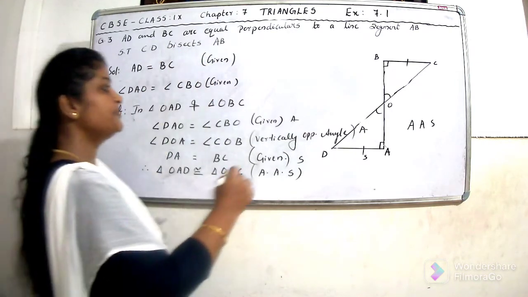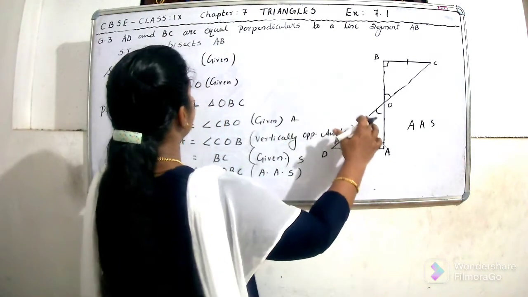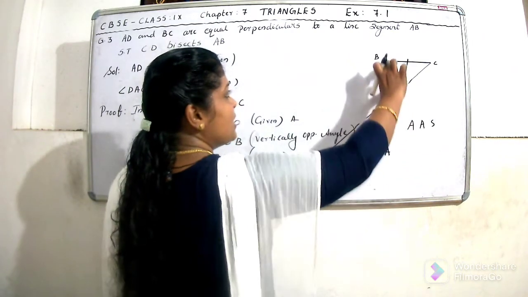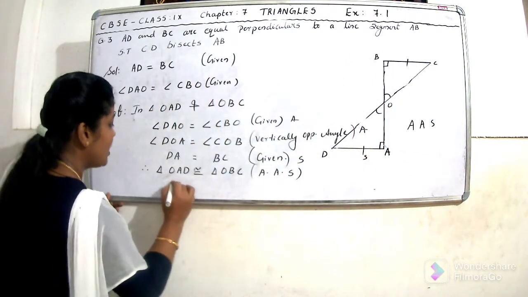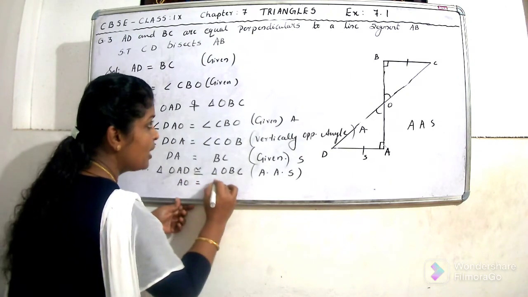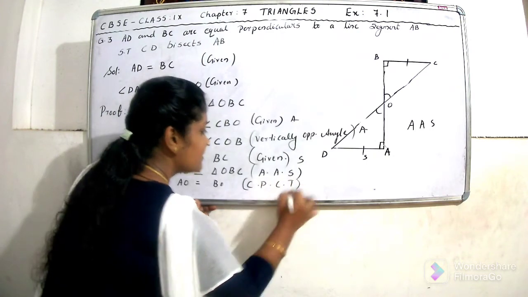Okay, so here we can take the two sides. CD bisects AB, so AO is equal to BO. What is the reason? CPCT.